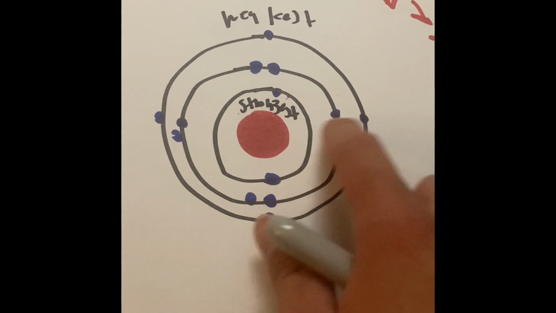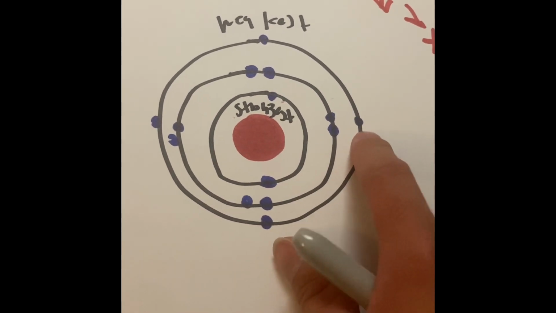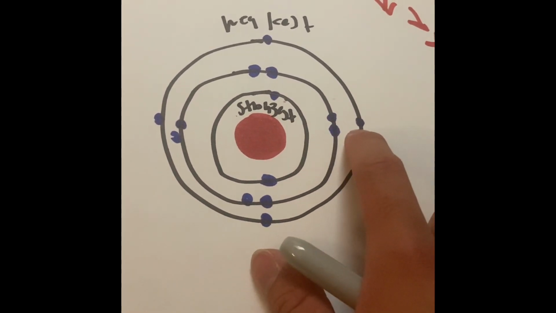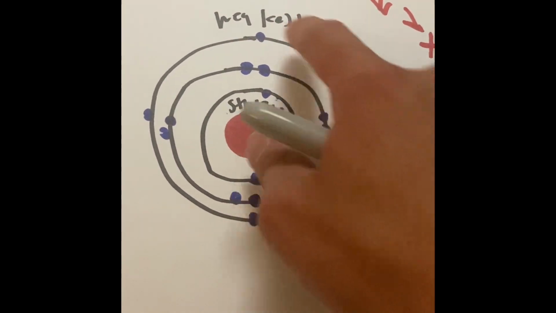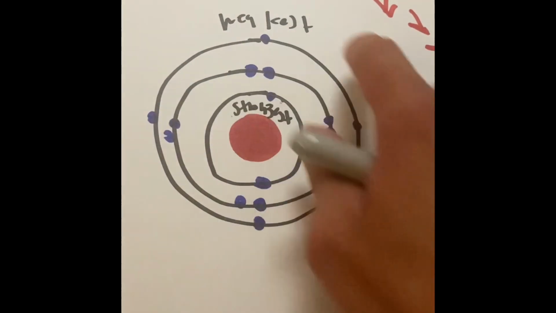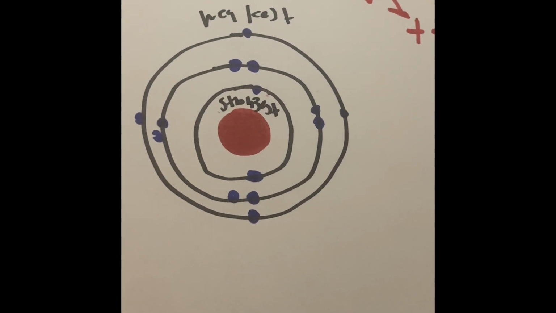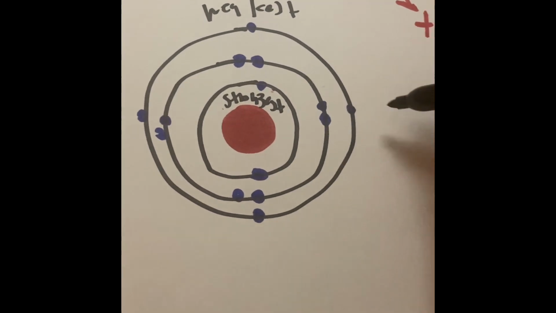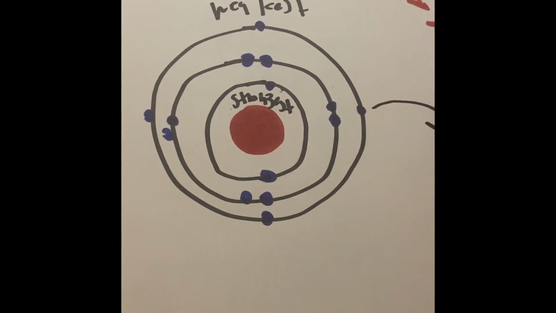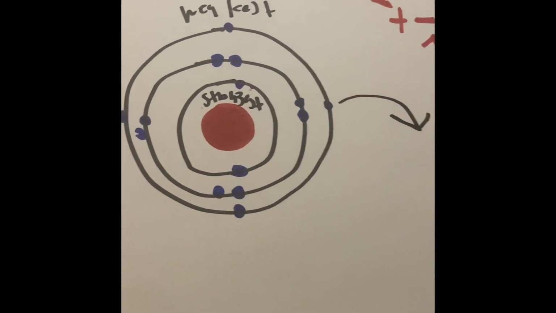But as you move farther out, the strength keeping the electron going around in place gets weaker. And that's why the outermost layer electrons are usually traded to go into a totally different atom.